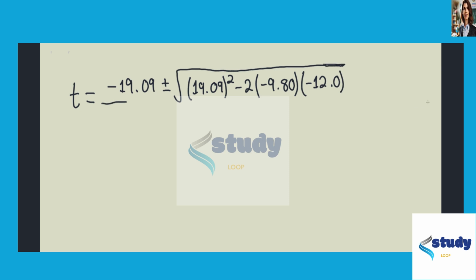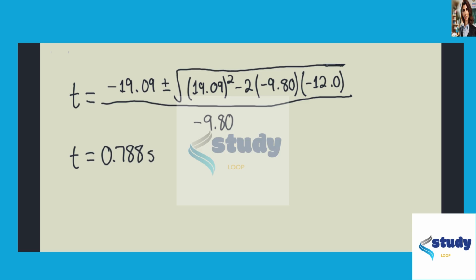This will all be divided by the acceleration due to gravity, negative 9.80. So we can find that t is going to be equal to 0.788 seconds, or 3.108 seconds.